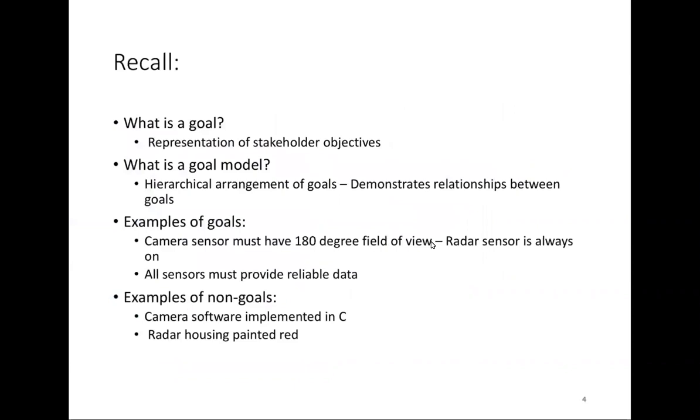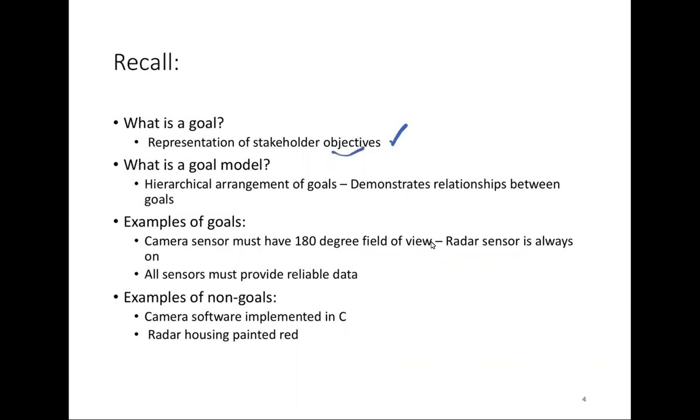Let's recall what we have covered in terms of goal modeling from last week. We have identified what a goal is, which is a representation of the stakeholder objectives. In other words, a goal is an objective.